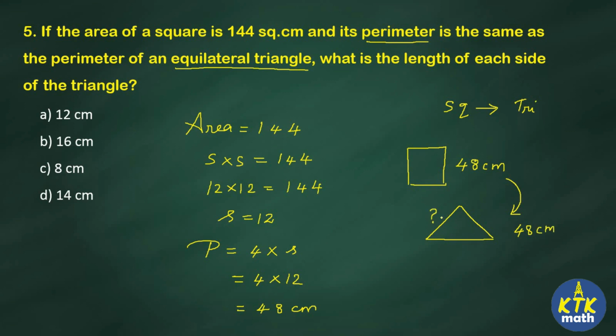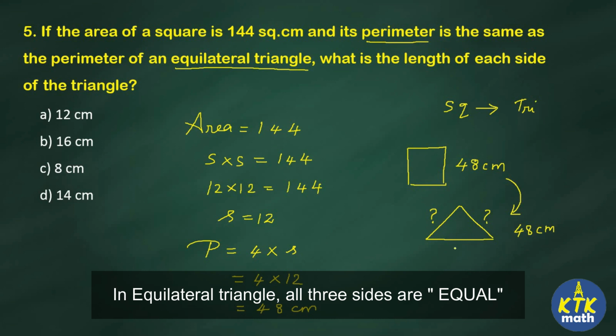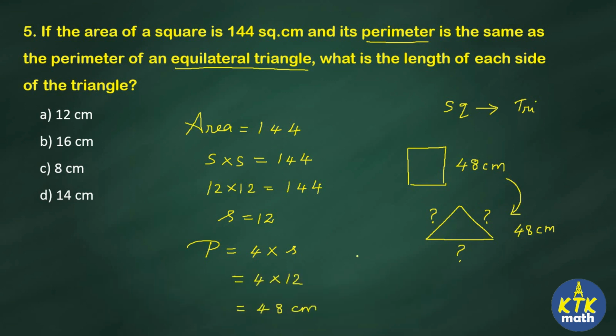Then what will be the length of each side? When you are adding three numbers, you are getting 48. All the three numbers are equal. So 3 times s is equal to 48. I hope you understand. Perimeter of square is equal to perimeter of equilateral triangle. When you are adding three equal numbers, your answer is 48.